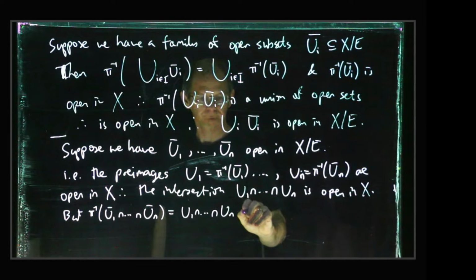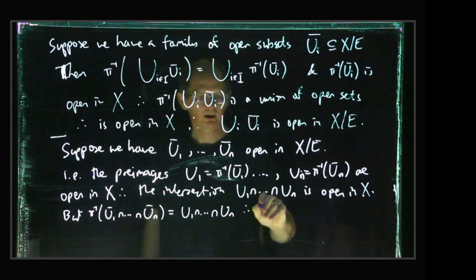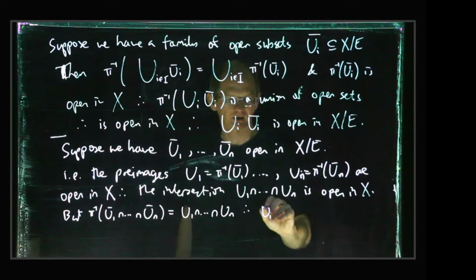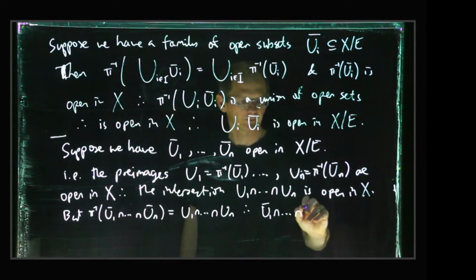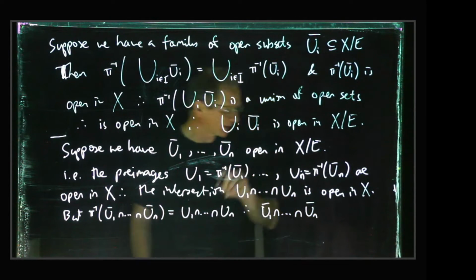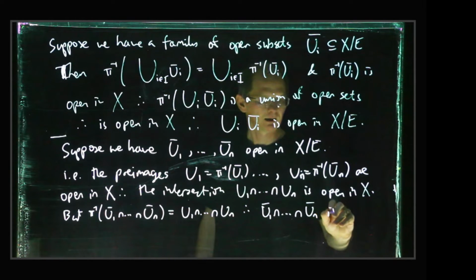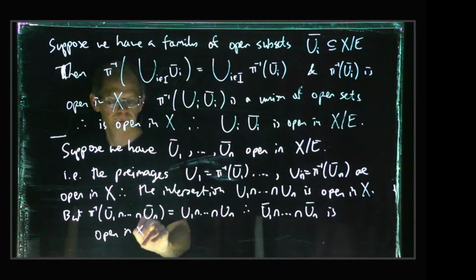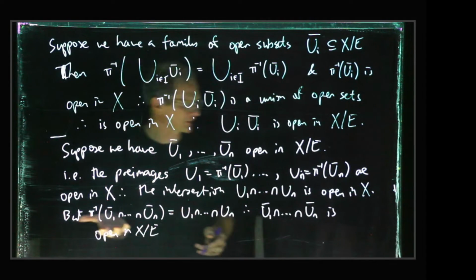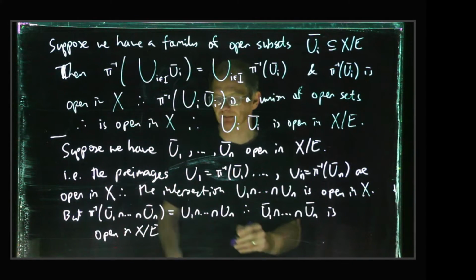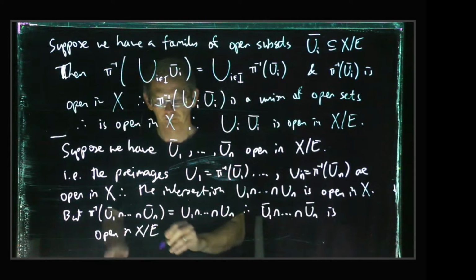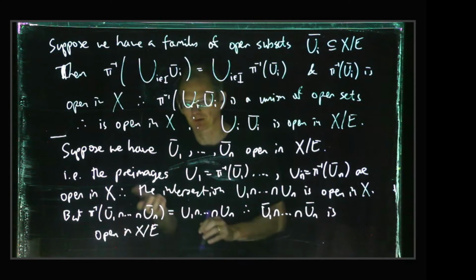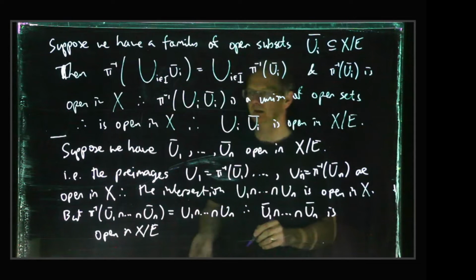So that means that the intersection of U_1 bar up to U_n bar is open in X mod E, because the definition of being open in X mod E is just that the preimage should be open in X, and the preimage is this intersection here, which, as we just said, is open in X.